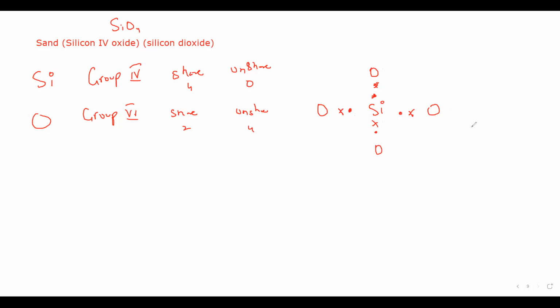So that oxygen will share with another silicon. This oxygen shares 1, silicon will share 1 from that side. And in the same way this structure will continue, because this oxygen is connected with another silicon.